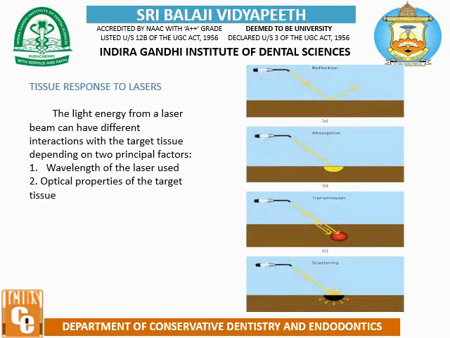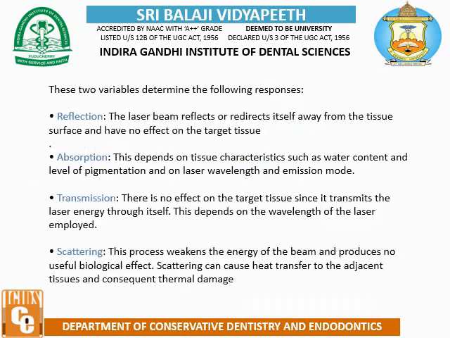Tissue responses to lasers. The light energy from the laser beam can have different interactions with the target tissue depending on two principal factors. One is the wavelength of the laser used, two, the optical property of the target tissue. These two variables determine the following responses. Reflection. The laser beam reflects or redirects itself away from the tissue surface and has no effect on target tissue. Absorption.